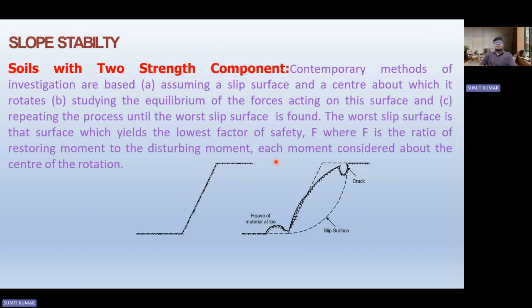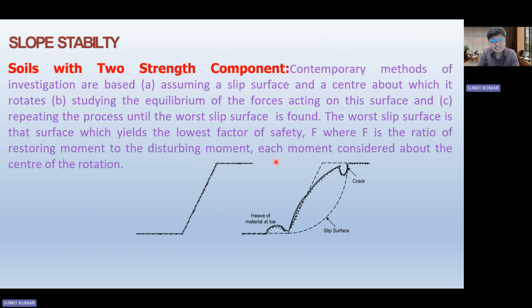So earlier, in the conventional study, we assume a slip surface and a center about which it rotates, basically the center through which this section could rotate during the failure. This is the assumed critical slip surface.